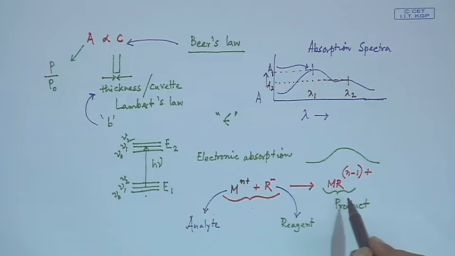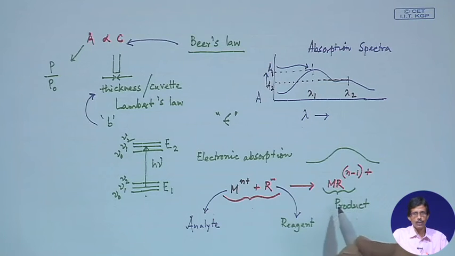At the same time, we are also looking at its corresponding formation. If your MR is not formed in solution, we will not be able to measure its corresponding concentration in solution. And if the species is not so stable, because it is forming at one time, okay, fine, but at the same time it is dissociating, or it is associating with some other species present in the solution, that will be the difficulty.